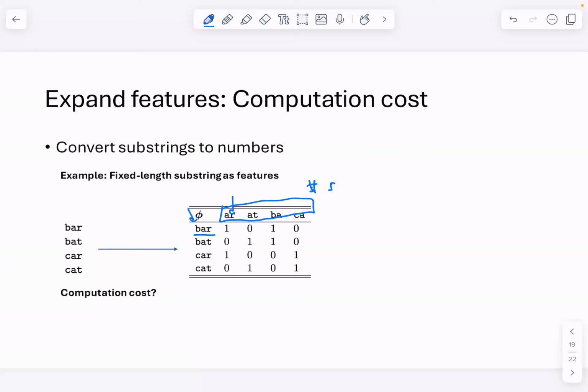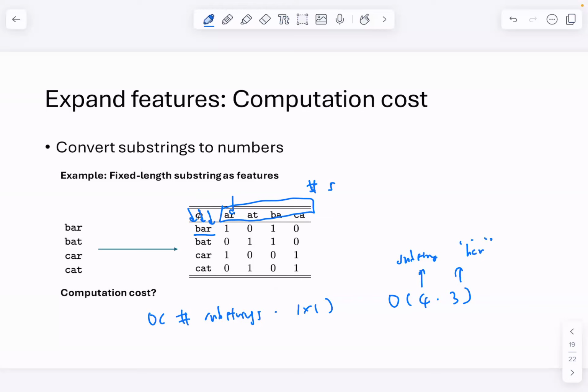We need to first match B, then match A, and match R. So the computation cost is about the number of substrings times the length of X. In this case, it will be 4 times 3, because we have 4 substrings here, and all our words are of length 3.